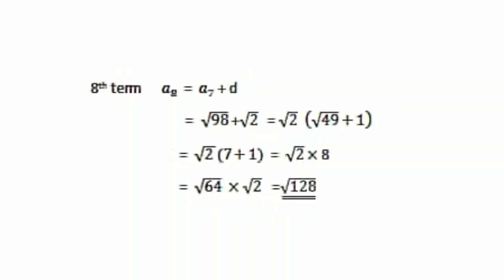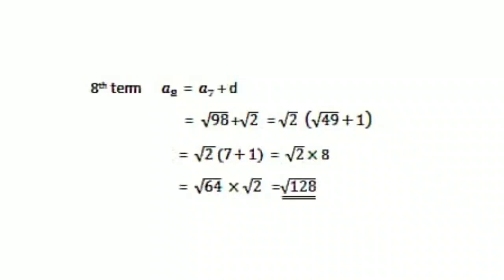Then the eighth term. The eighth term is A8. That is A7 plus D. Here A7 is root 98, so root 98 plus root 2. Root 2 is common into root 49 plus 1. Root 49 is 7. 7 plus 1 is equal to 8. That is equal to root 2 into 8.